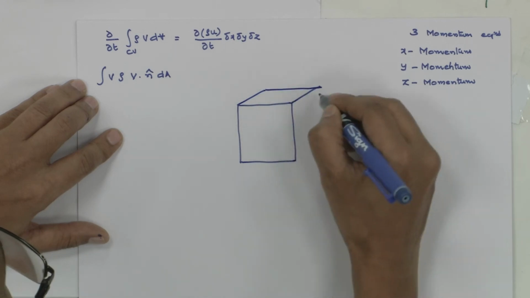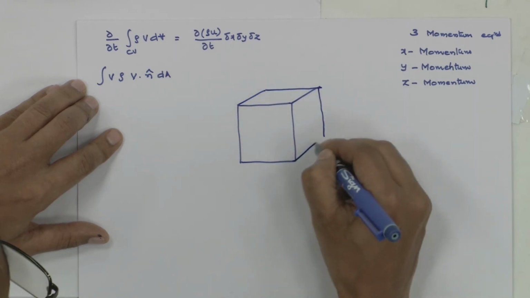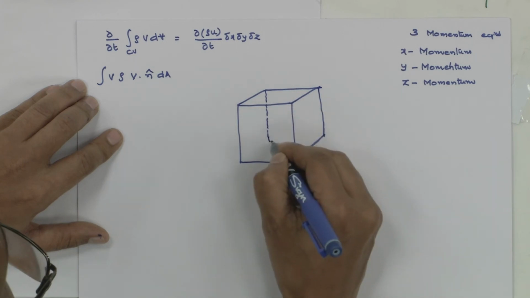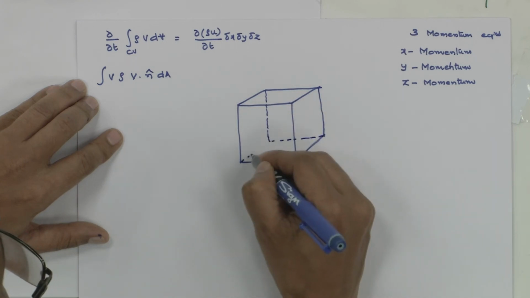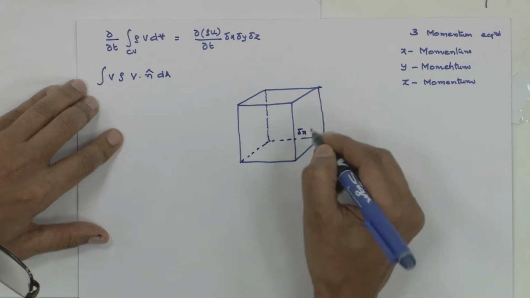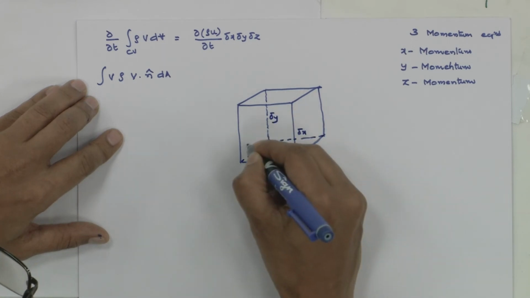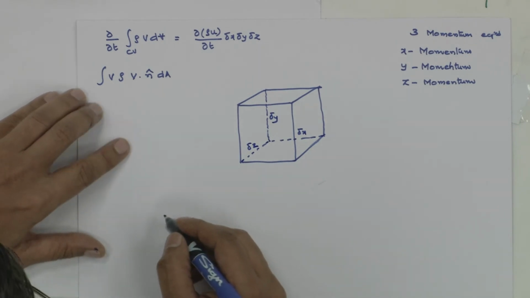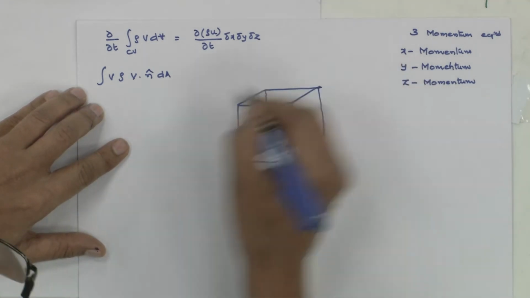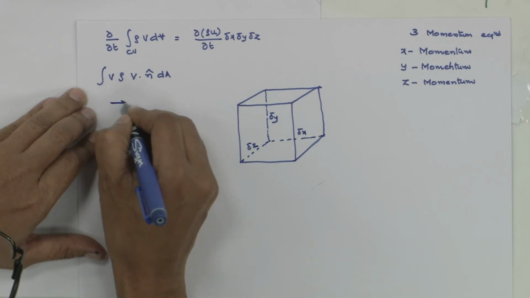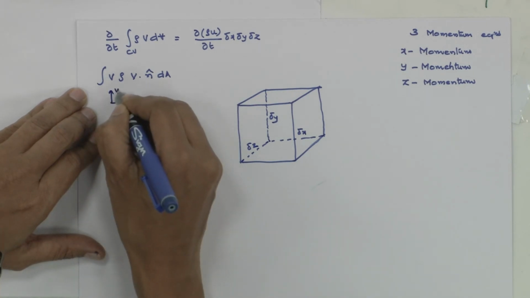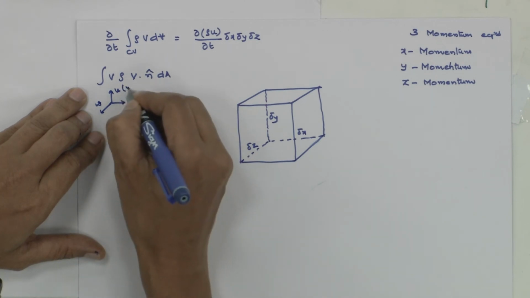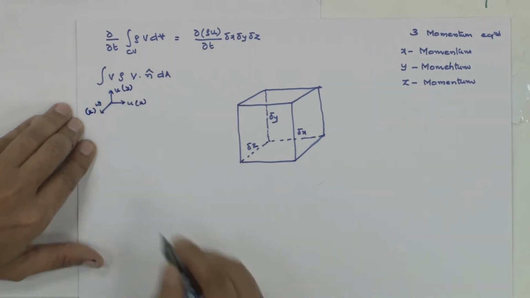It is a parallelepiped whose dimensions are delta x, delta y, delta z. Okay. Now, just a reminder, you have u, v, w in the x, y, z directions.